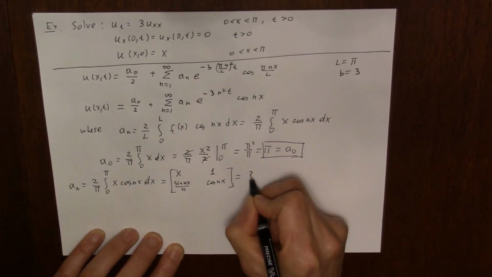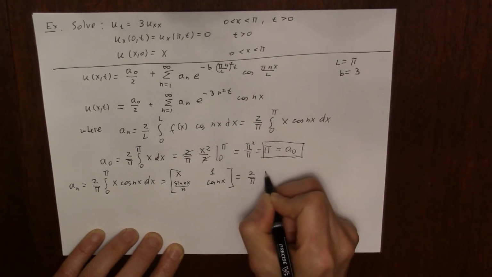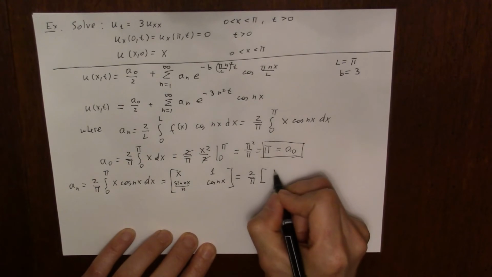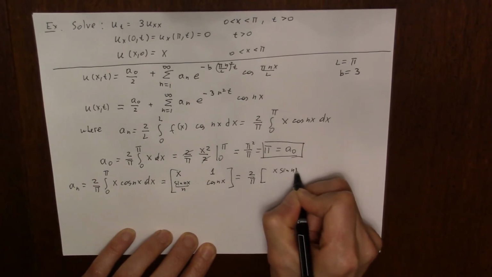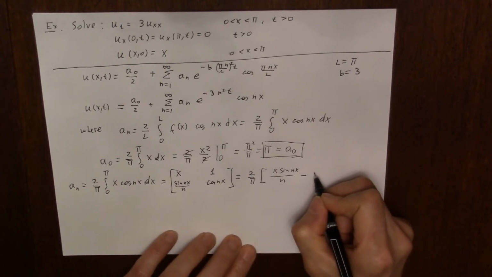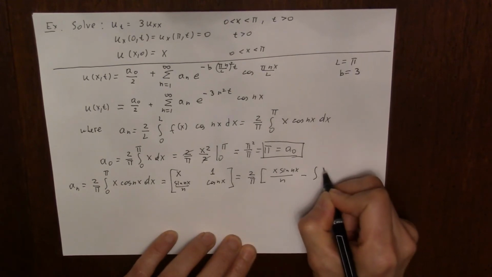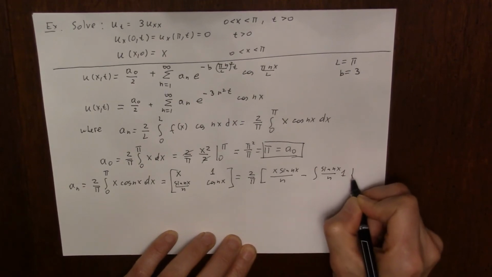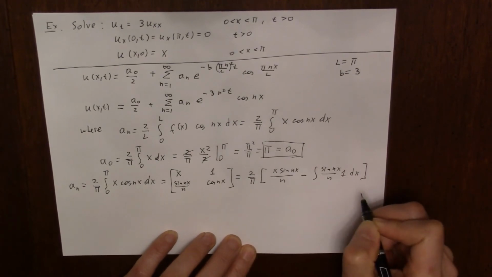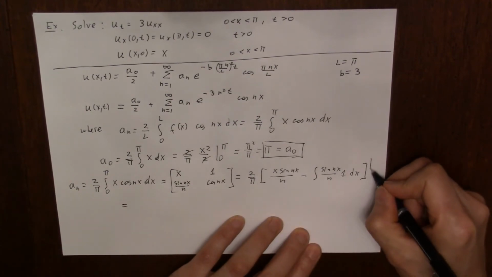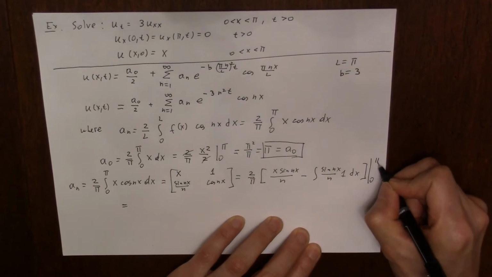So we're going to get 2 over pi, u times v, x sine nx over n, minus the integral of sine of nx over n times 1 dx, and everything is evaluated from 0 to pi.